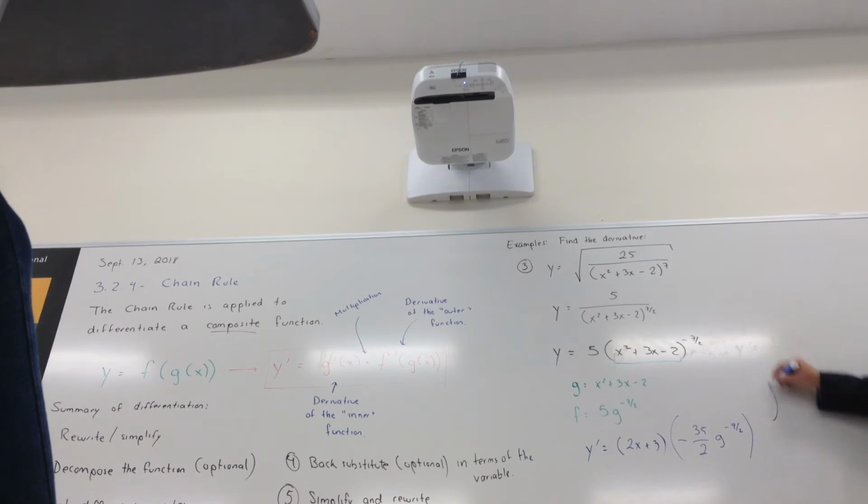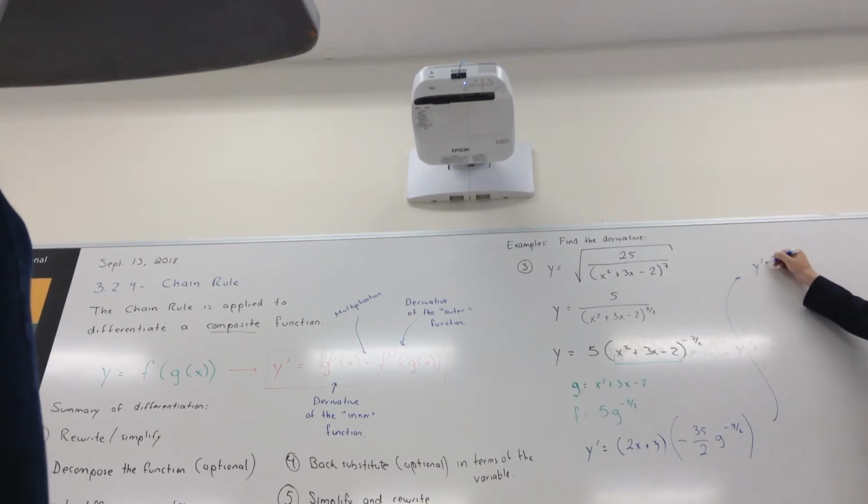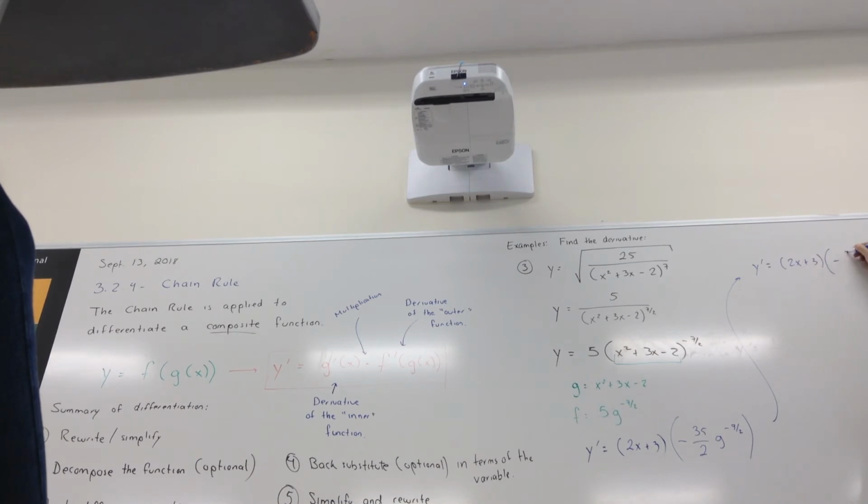Substitute. y prime equal to 2x plus 3 times minus 35 halves. What's the g? x squared plus 3x minus 2 to the minus 9 halves.